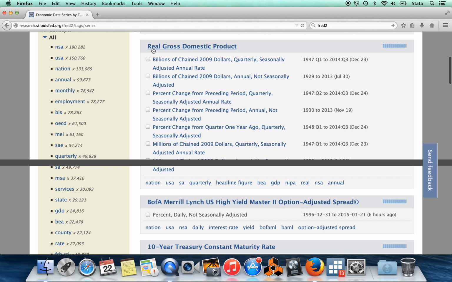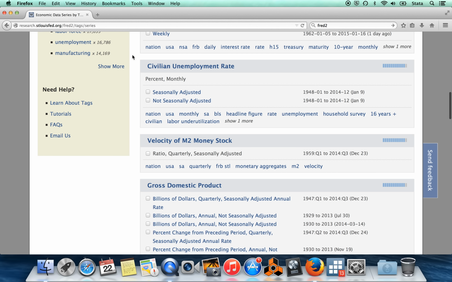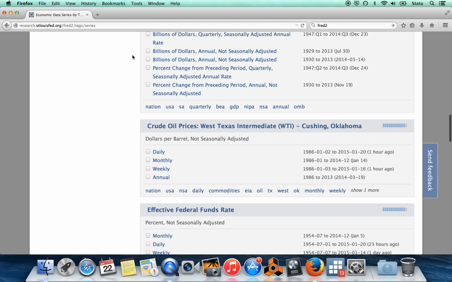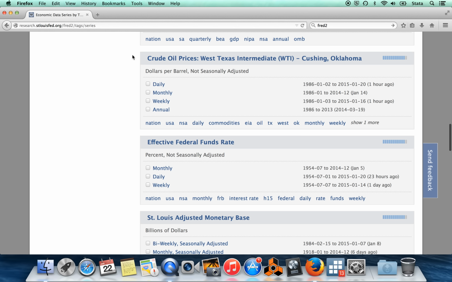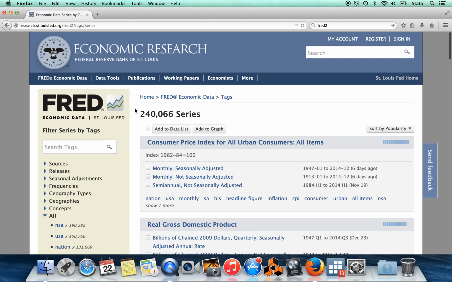This GDP here is not going to be microdata. An observation here is going to be the United States economy in the second quarter of 2002. You also have spreads, bond prices, money supply, the sorts of things which a central bank might care about. So this is great as a place to find data.